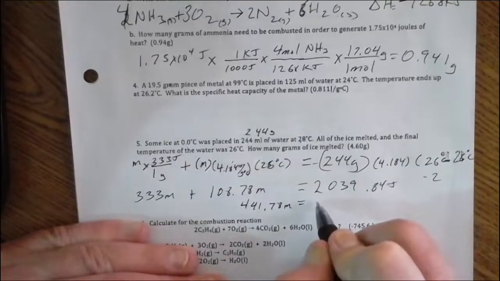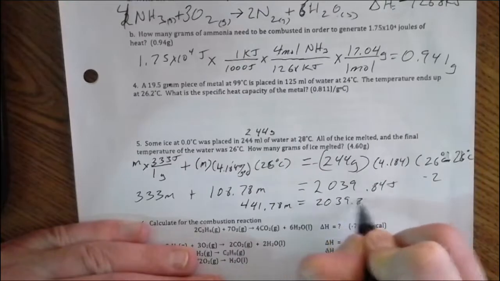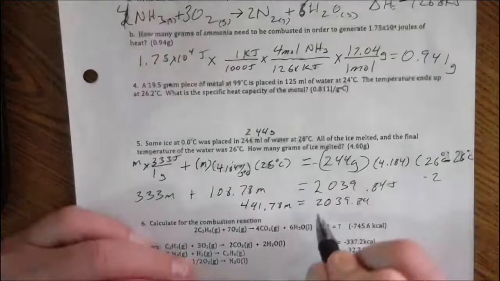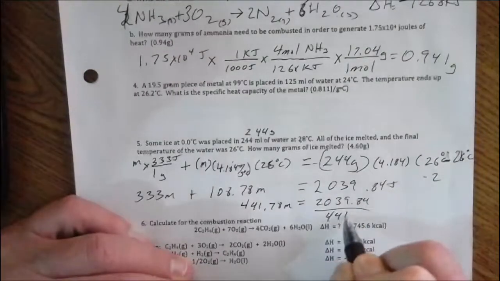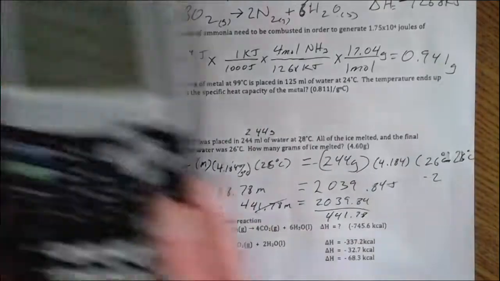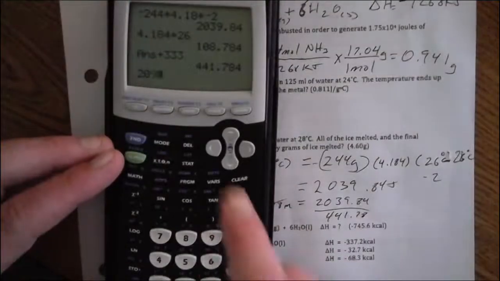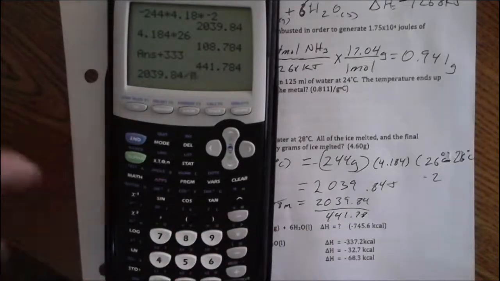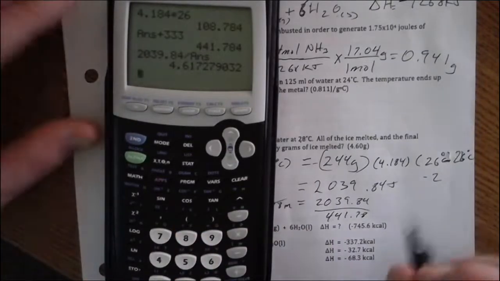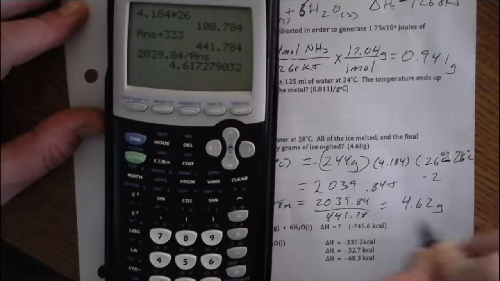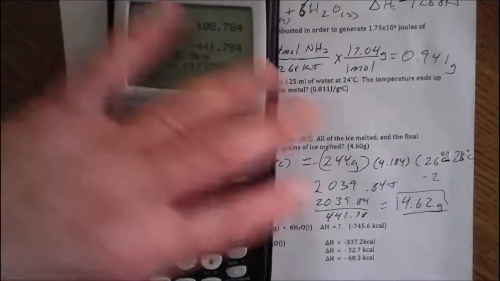We're going to set that equal to 2,039.84. What do we do to both sides? Divide by 441.78, which cancels that out. We're going to take 2,039.84 divided by that answer. And we get 4.62 grams of ice.